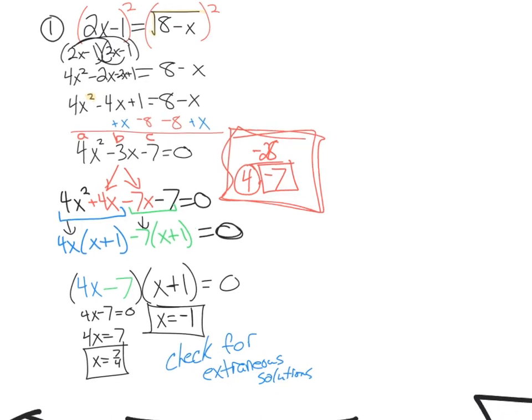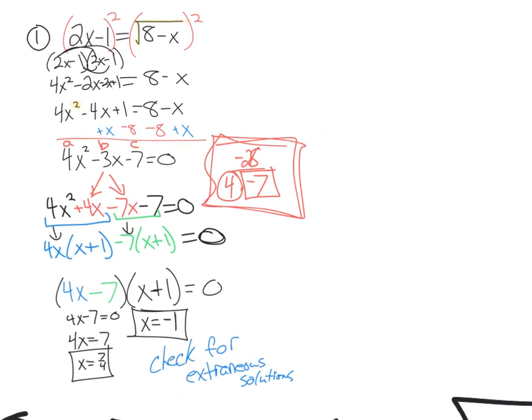So if I'm going to check for my extraneous solutions, let's do that over here. So first, if I check -1 into my original equation, so my original equation being 2x minus 1 equaling the square root of 8 minus x.